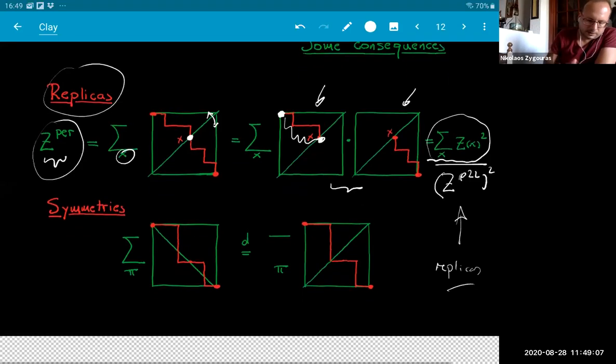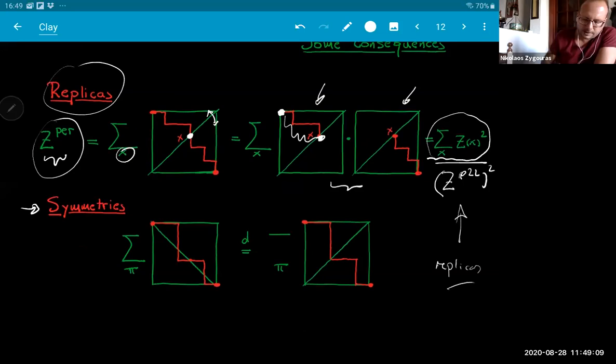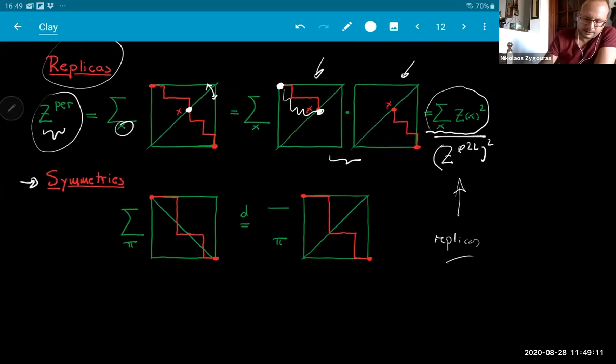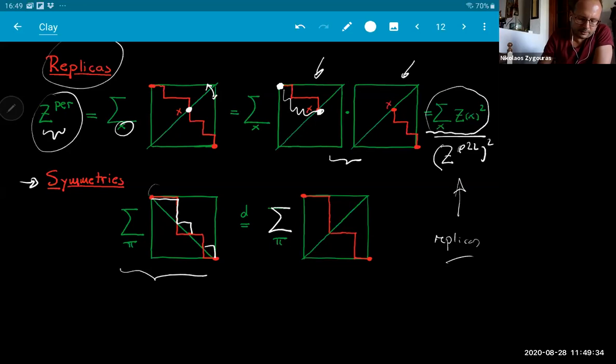Okay, the second consequence I would like to describe is a symmetry, which I already mentioned. So, well, let's look at the partition function in a symmetric environment, which actually by flipping over the diagonal can be encoded as a partition function of a path flipped above a wall.